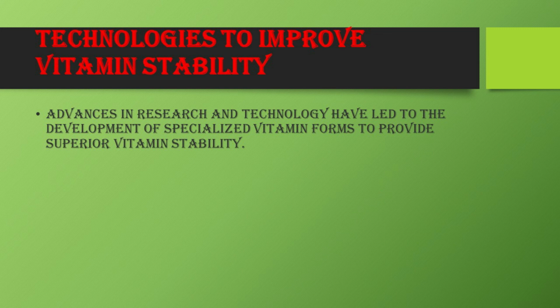Cross-linked beadlets are produced by coating the vitamins with cross-linked gelatin proteins, which makes harder beadlets that are more resistant to the pressure and abrasion of pelleting. The inclusion of antioxidants in the beadlets provides additional protection against oxidative factors.